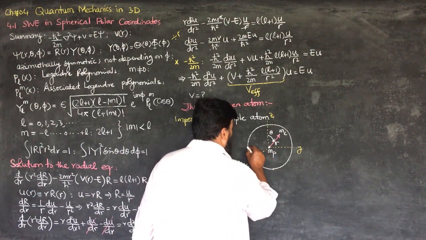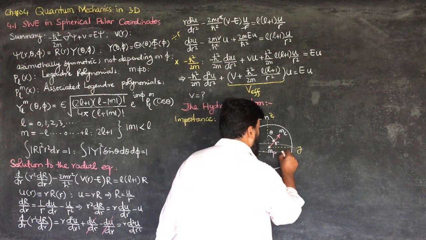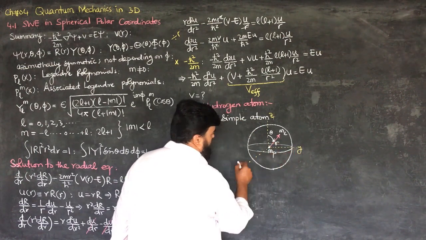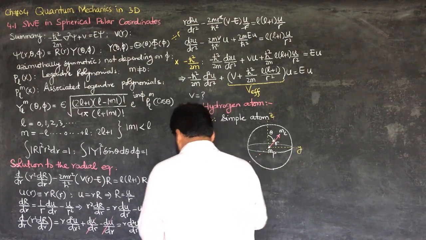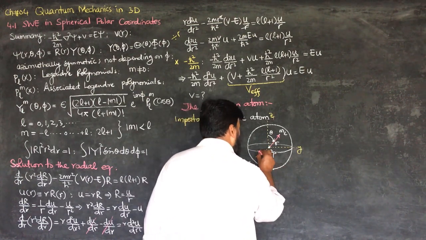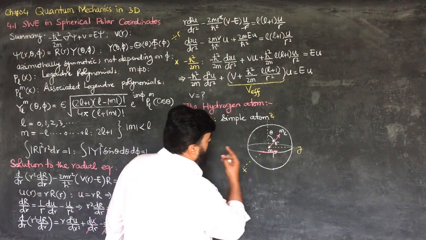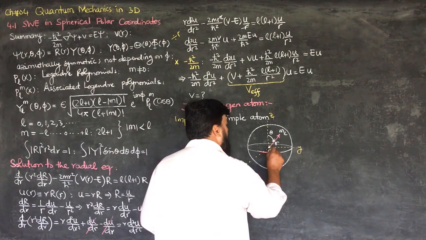Now this electron will follow a circular path as well along the plane, meaning its projection on the xy plane. So this angle that it will subtend while going around this sphere is phi.